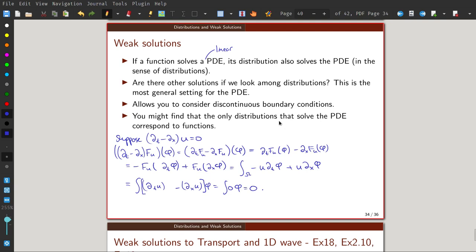And then, like what we found with the Laplace equation: we tried to solve the Laplace equation in the setting of distributions. And what it turns out, because of Weyl's lemma, is that anything that solves the Laplace equation in the space of distributions actually comes from a smooth function.